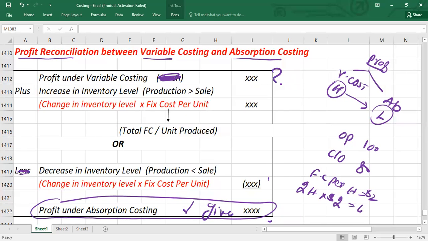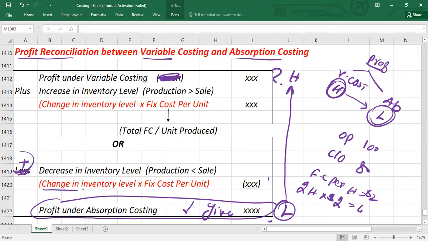This was less, now you will add the decrease in inventory level, because with a decrease in inventory level, what is happening, guys? Variable costing gives you higher profit, so this is the higher value, and absorption costing gives you the lower value. So now you are moving from lower to higher value. That is why you need to plus the decrease in inventory level. Okay, and how will you calculate the decrease in inventory level, guys?